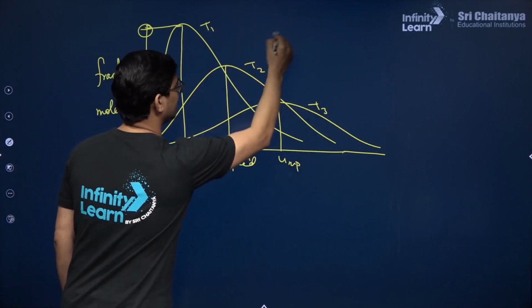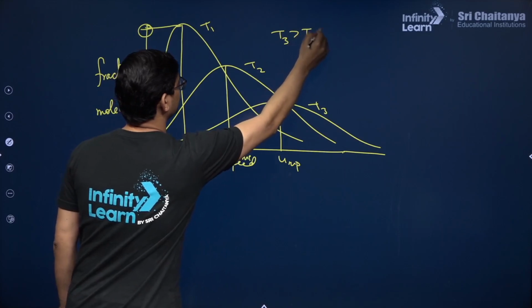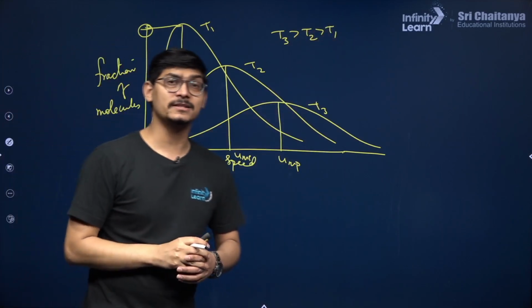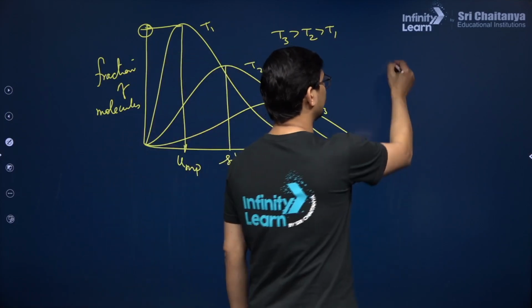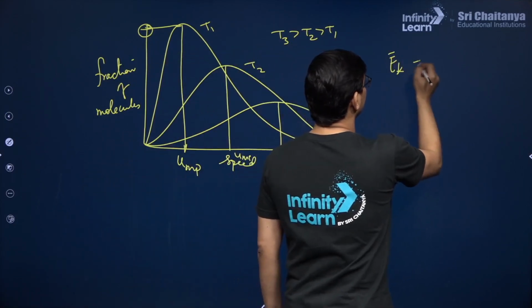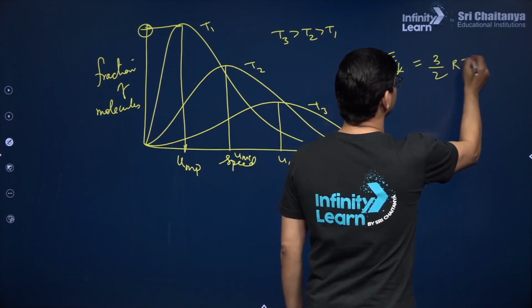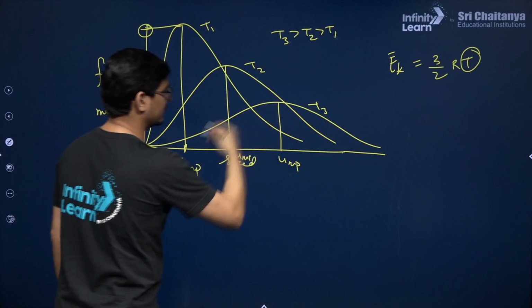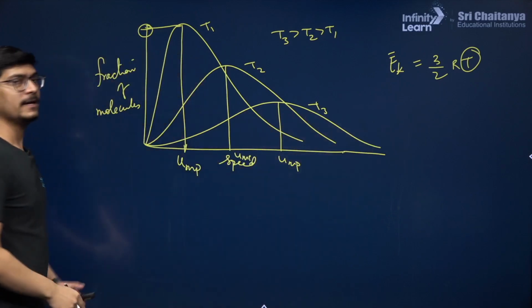So please remember, as the temperature is increased, the average kinetic energy of the particles increases, right, because we know that average kinetic energy is 3/2 RT, that is, it is proportional to absolute temperature. So as you increase the temperature, curve flattens out, the kinetic energy increases, right?